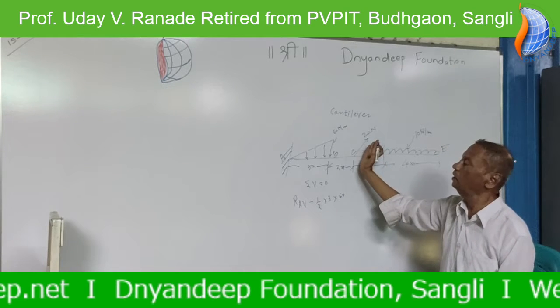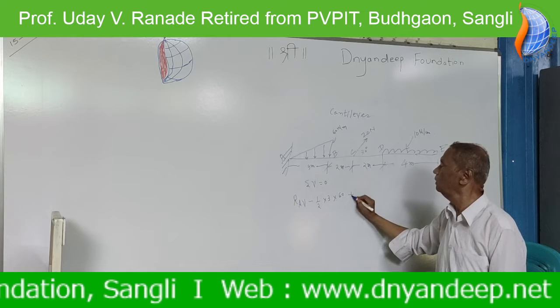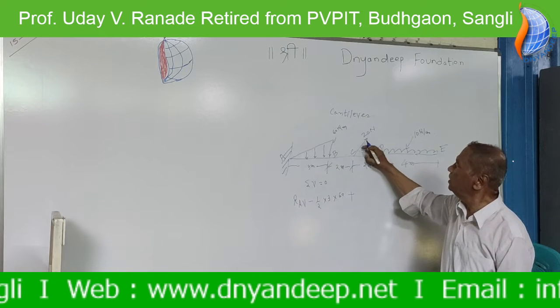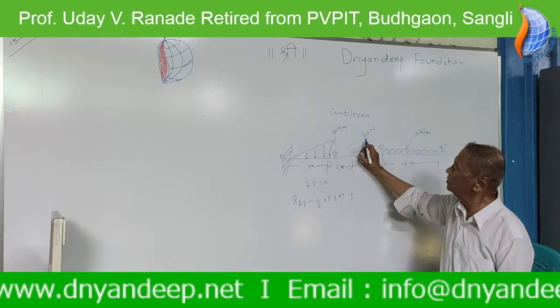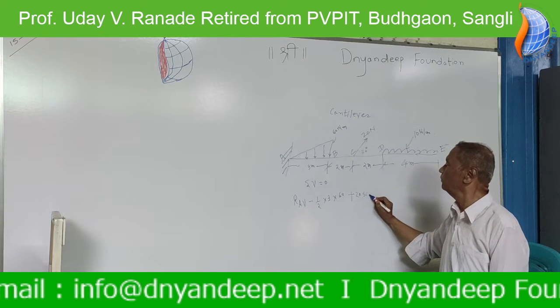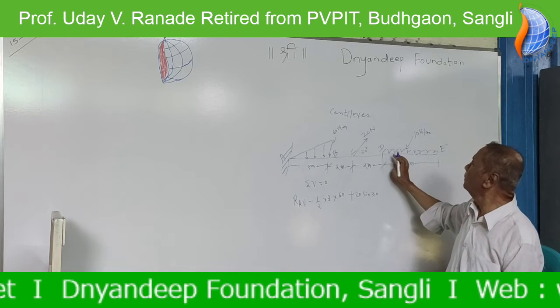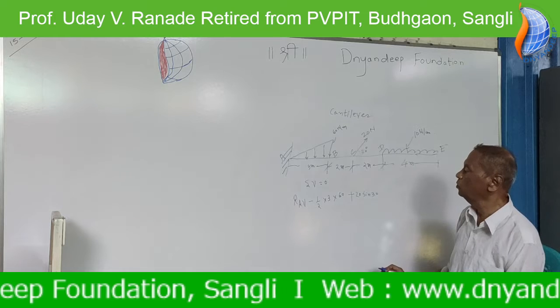Again, this load, its component upwards, so plus 20 cos 30, 20 sin 30. Now this load is downwards, so again negative.